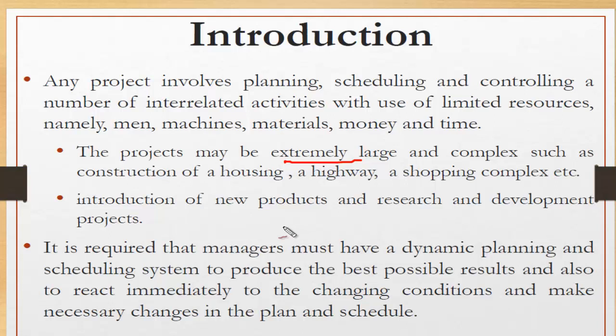We usually joke, hey man, maybe our kids will see this flyover, not us. Because there is the possibility of changing conditions, we have to adjust and change the plan and schedule, and it has to be very robust, and only then can we finish our project on time, and within the budget.